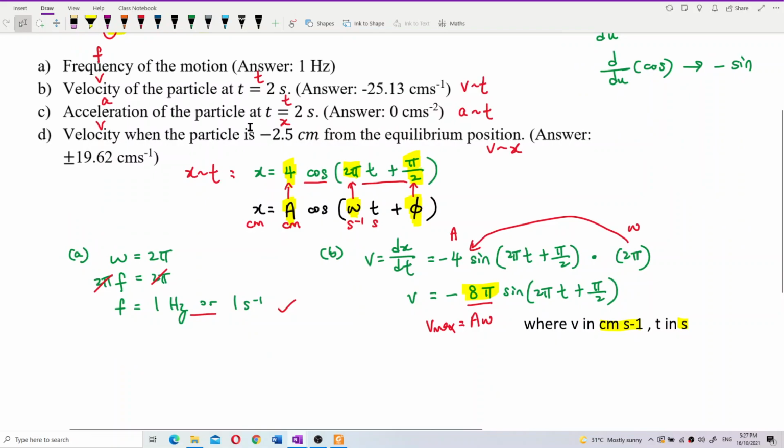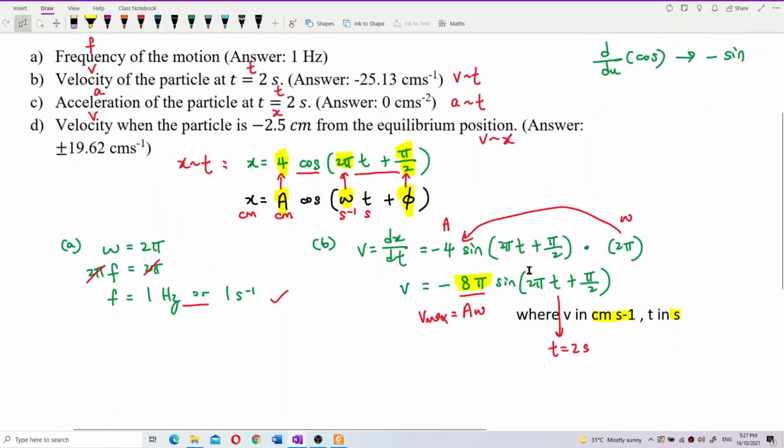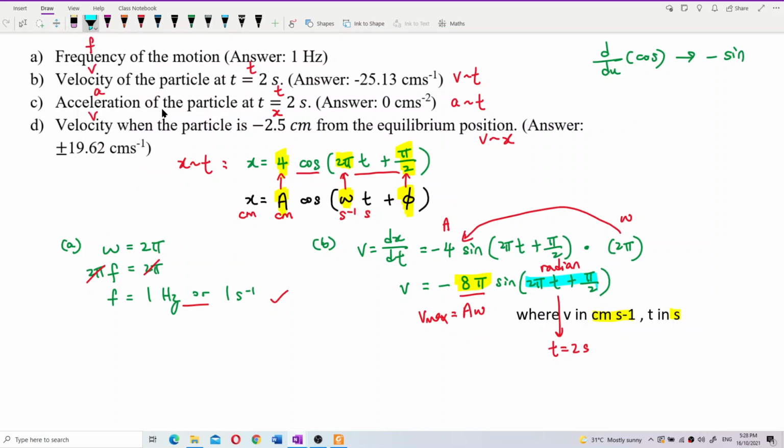Now I can find the velocity at this time. So what you do is you just substitute the time, 2 seconds. Make sure all this is in radian.